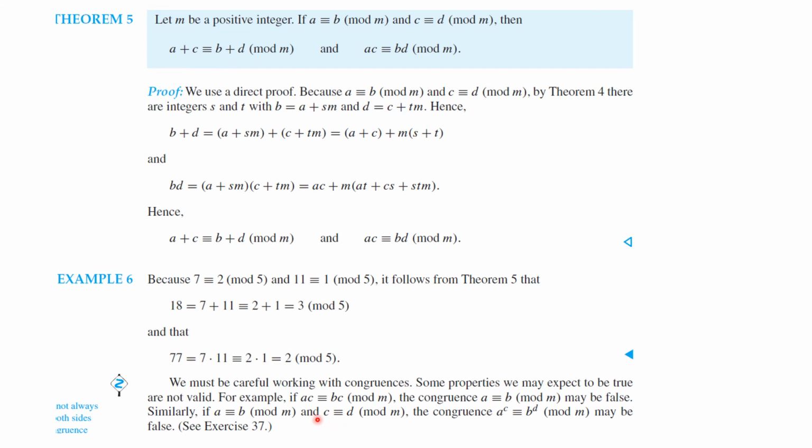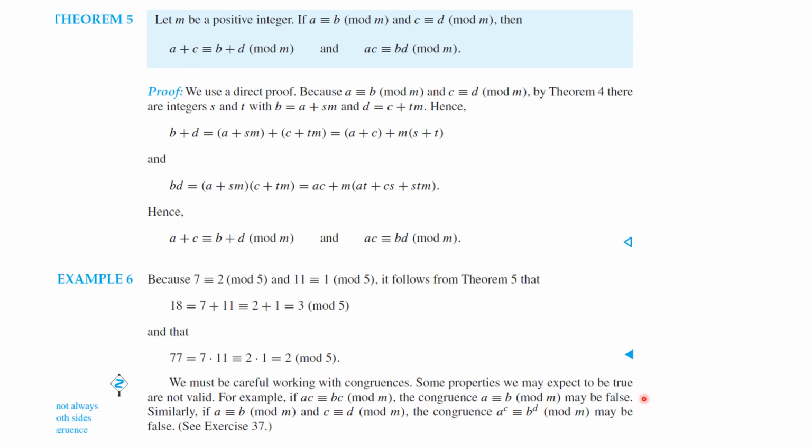Now, you have to be careful when working with congruences, although we're going to show you that many properties that you would expect to be true are, but some are not. For example, and this is a very important one, if a times c is congruent to b times c, if these were equality, you could say, oh, that means that a equals b. But that congruence is not true.